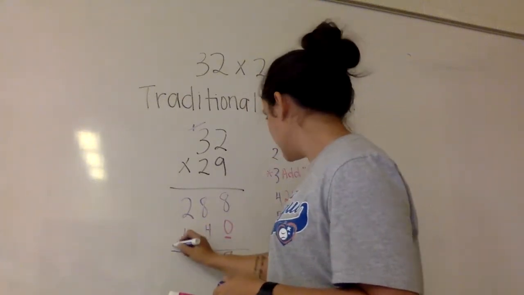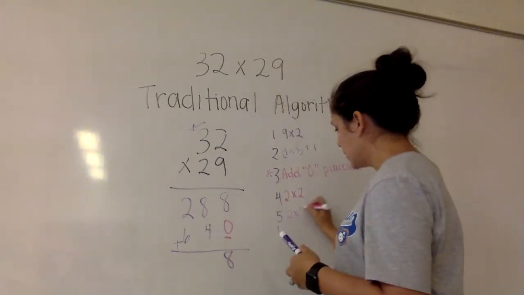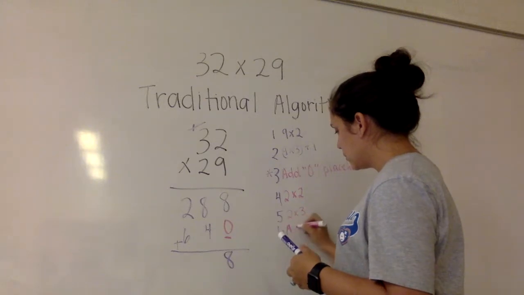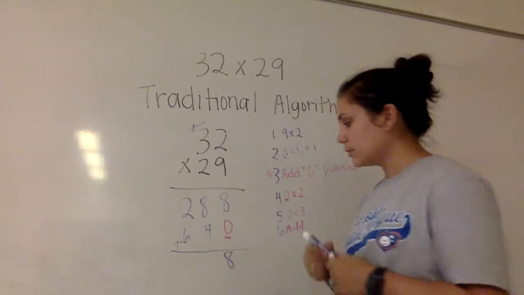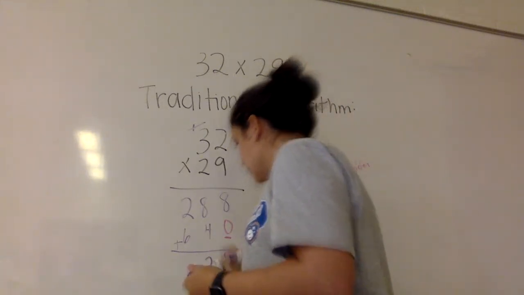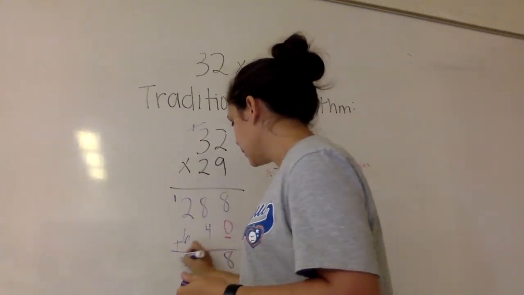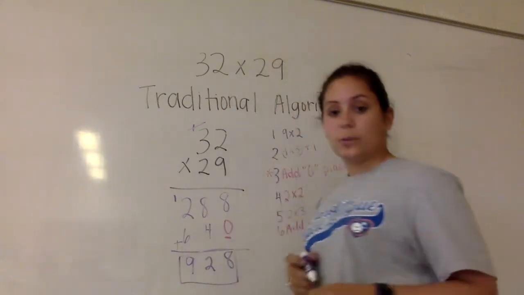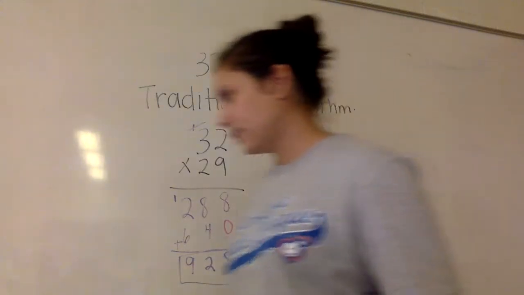And then, oops, I'm sorry, I got a little carried away. 2 times 3, which we did. And then you add 8 plus 4, we know is 12. Again, this is simple math. Carry your 1, 9. 928. That is traditional algorithm.